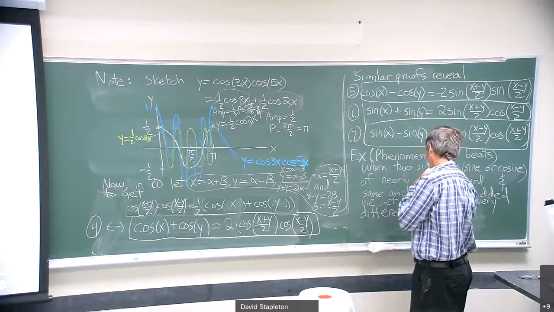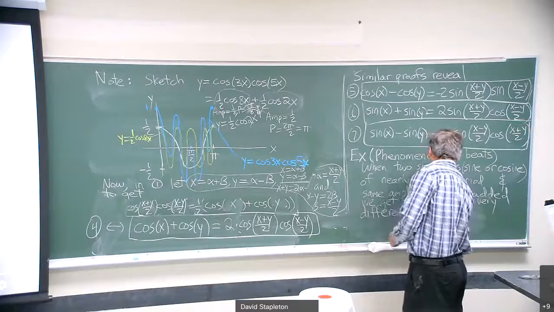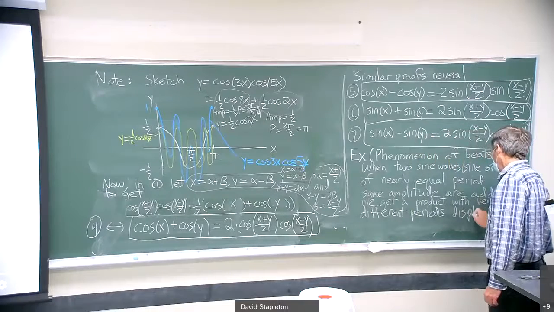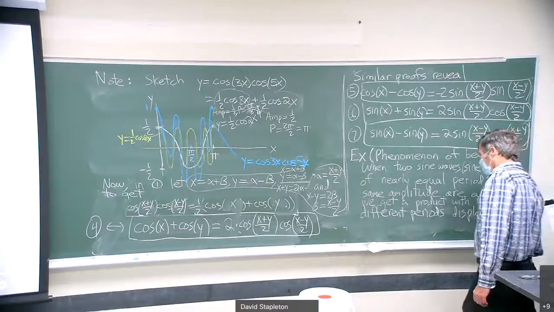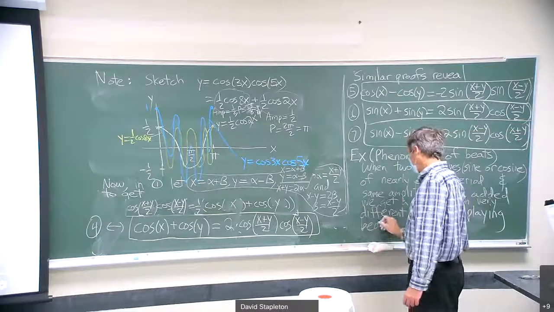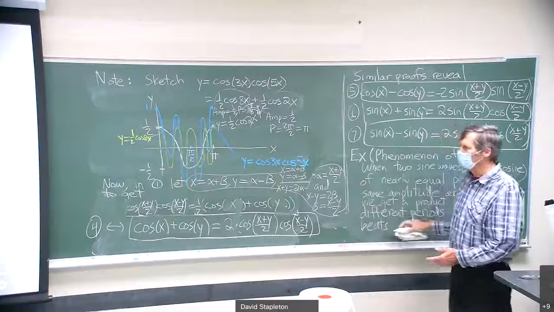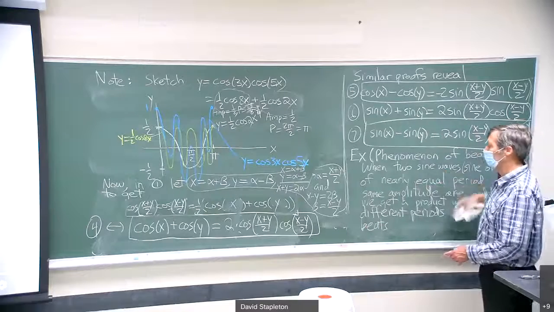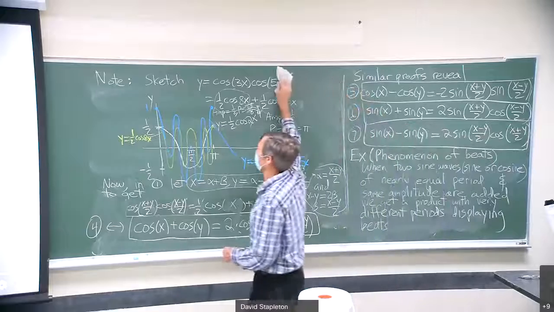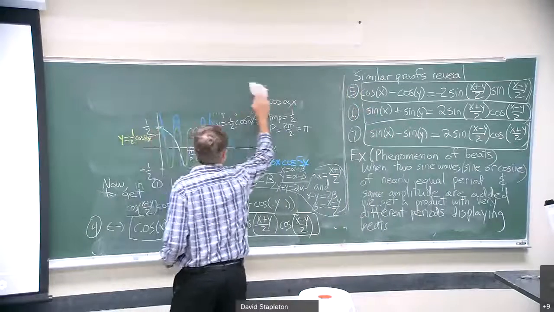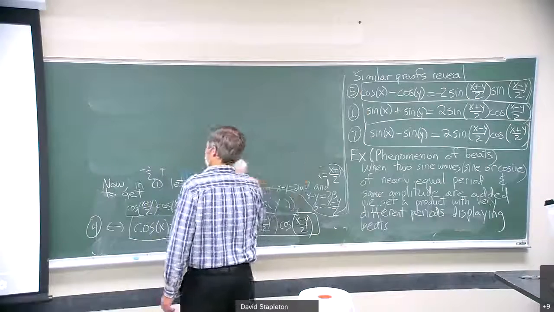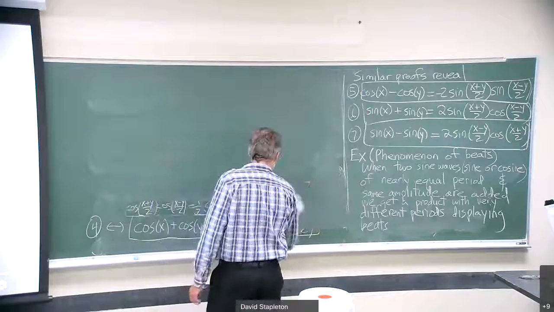I'll do it by the following example. And it displays beats, what we call them, where the sound, if you interpret these waves as sound waves, goes on and off. If you call them electric current waves, then the current goes on and off. So it occurs in electronics engineering, acoustics, vibration and structures, everywhere you have waves. We're going to show an example here in a moment.